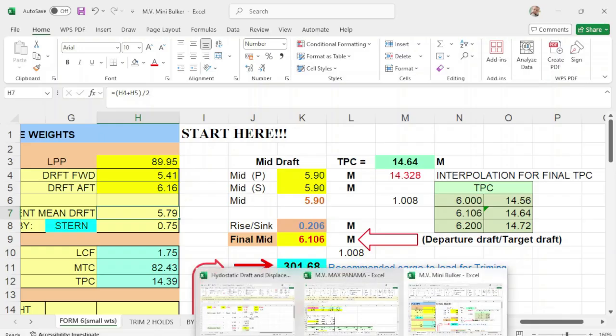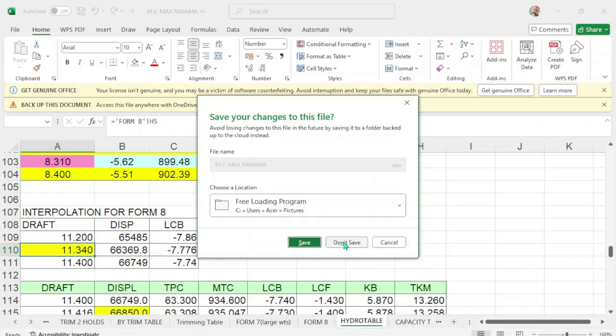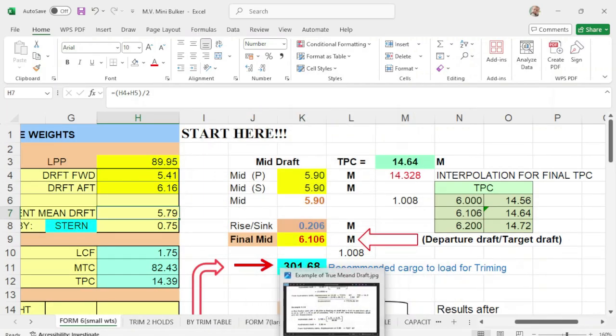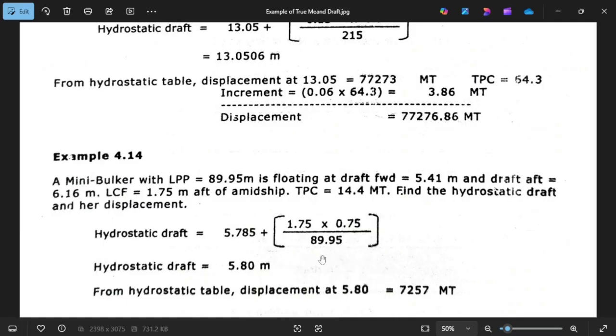Take out this one. Don't save. So, compose this formula.